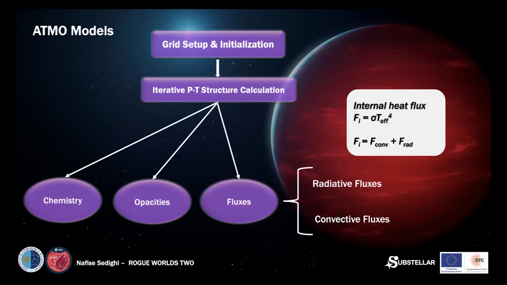So another thing is the fluxes. The fluxes that we have in ATMO are the radiative flux and convective flux, and we solve the Stefan-Boltzmann equation. We have this equilibrium where the sum of the convective and radiative flux is the internal heat flux of the models in the atmosphere.